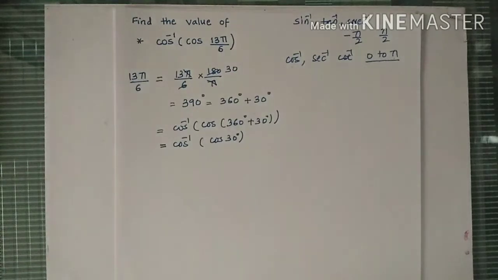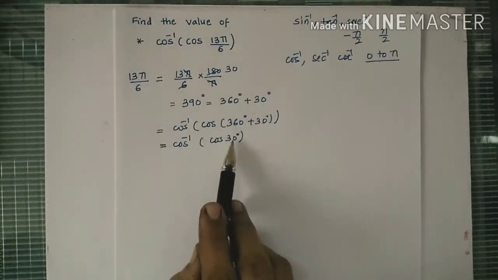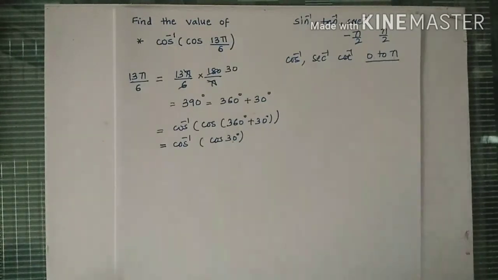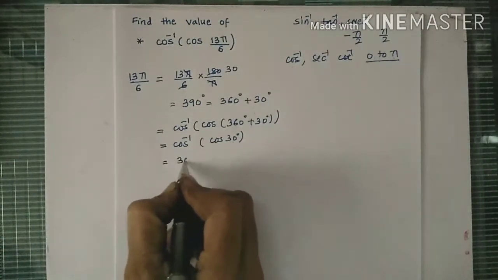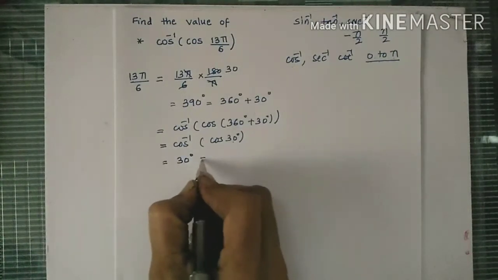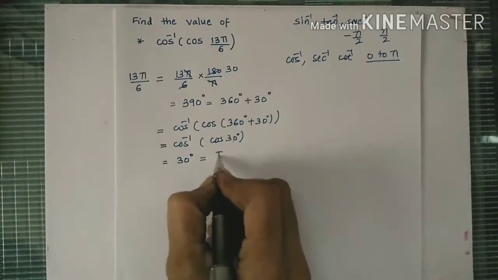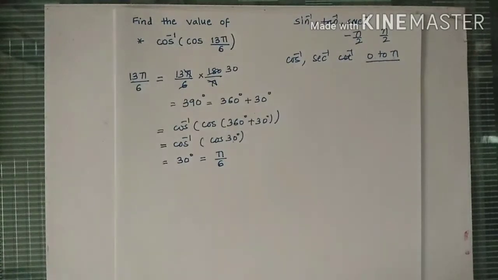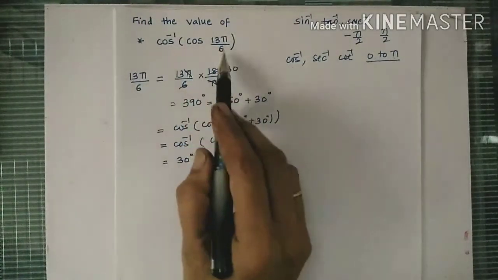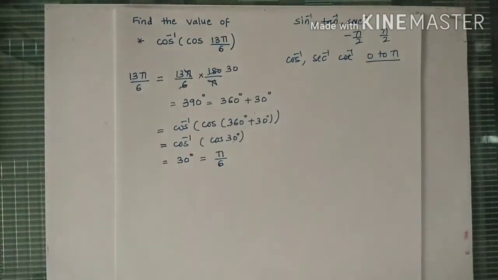Now let's check whether this angle lies between 0 to pi. 30 degrees lies between 0 and 180 degrees, so it's correct. Therefore the answer is 30 degrees, and in radian measure that becomes pi by 6. So cos inverse of cos of 13 pi by 6 is pi by 6.